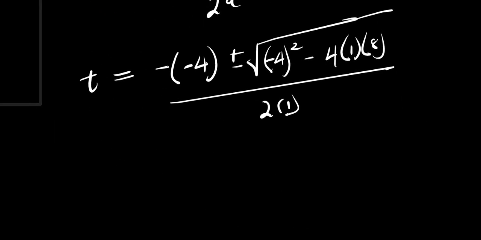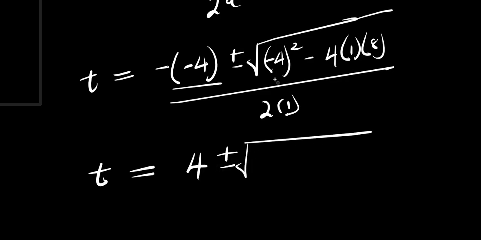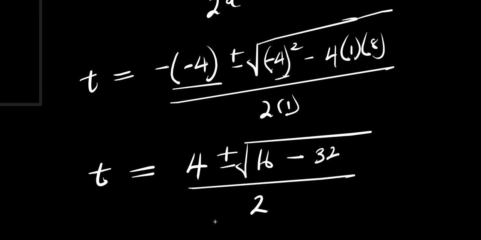So from here, we are going to have t equals negative times negative 4, this is 4, plus or minus square root of negative 4 squared, this is 16, minus 4 times 1 times 8, that's negative 32, divided by 2.